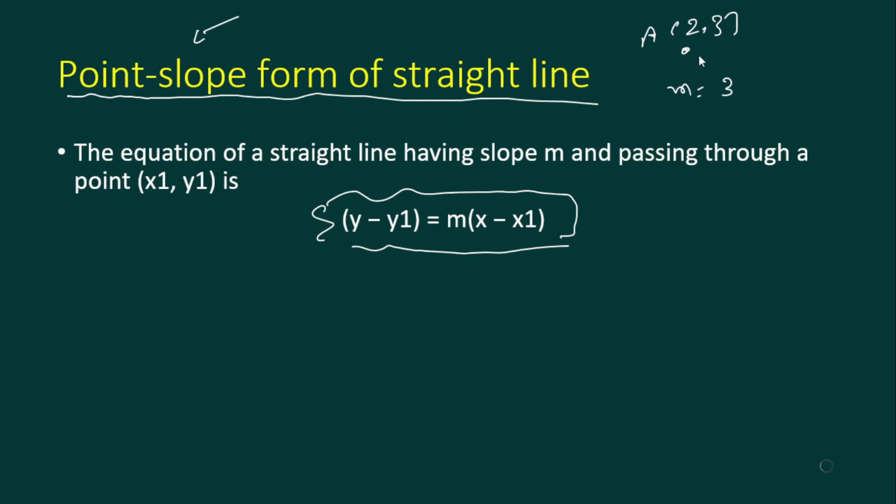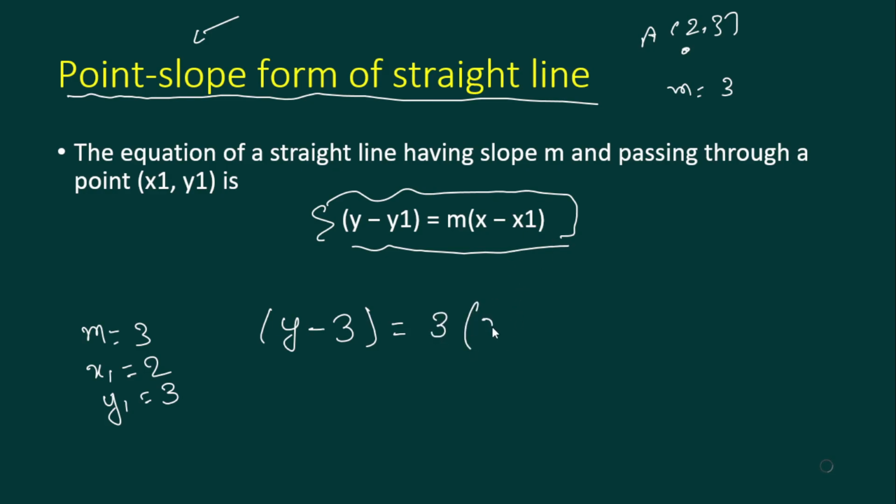So if we consider this condition, we have slope m as 3, x1 as 2 and y1 as 3. So our equation of line will be y minus 3 equals 3 times x minus 2.